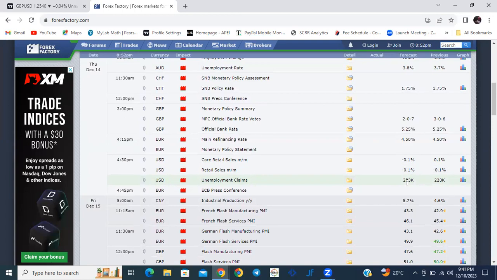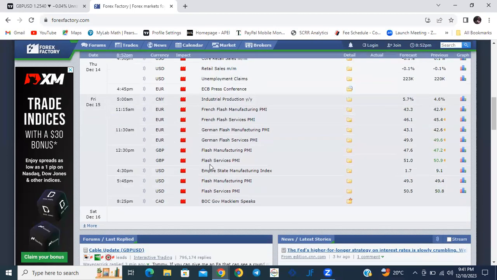So if there is an increase, this becomes again negative for the dollar. So we shall be waiting for the actual. All can be negative, all can be positive, or we can have some negative, some positive. That means mixed data.